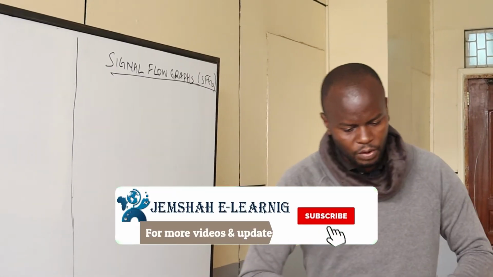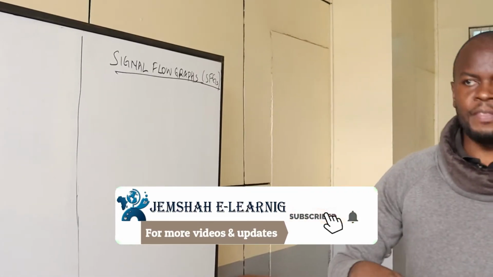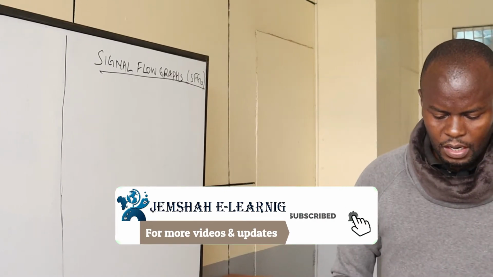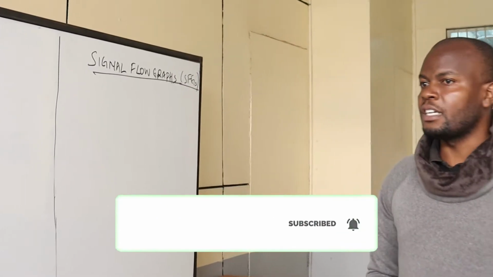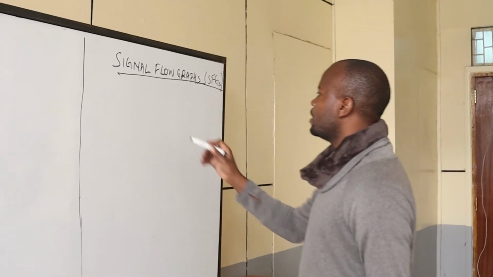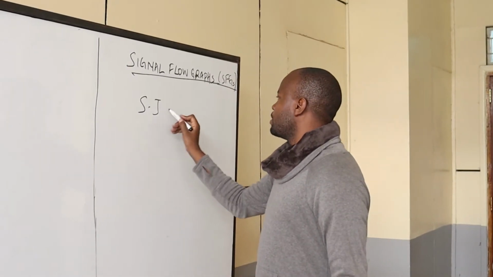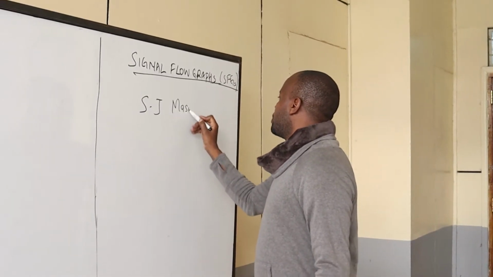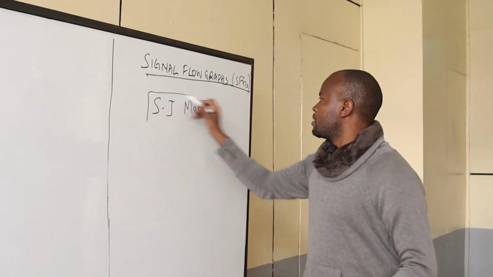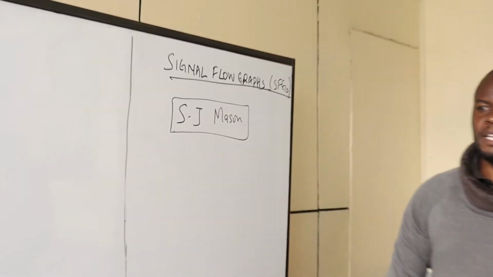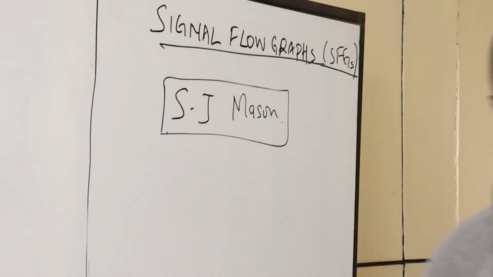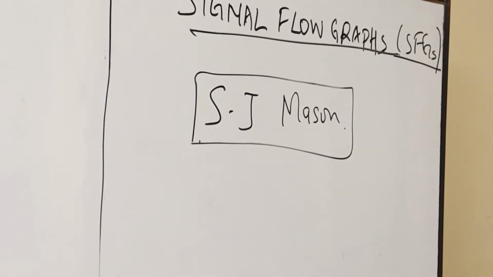In this alternate approach of the signal flow graph, we use a technique that was developed by S.J. Mason, what we'll talk about later as Mason's gain formula, in order to come up with the transfer function.